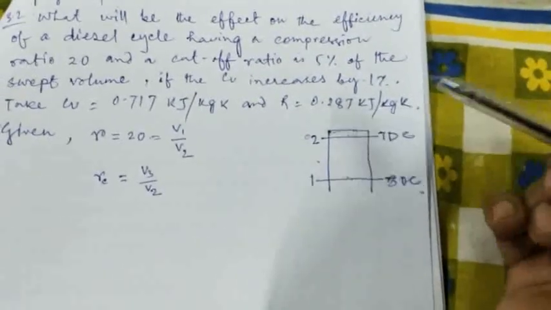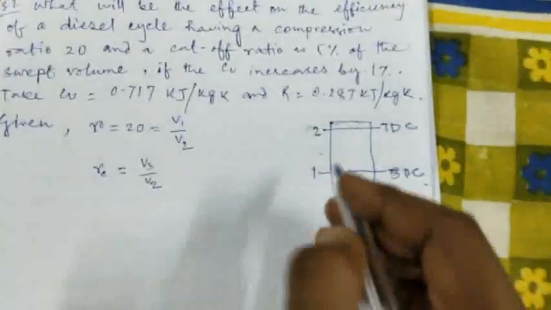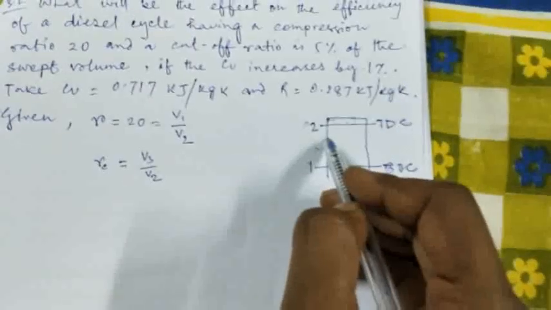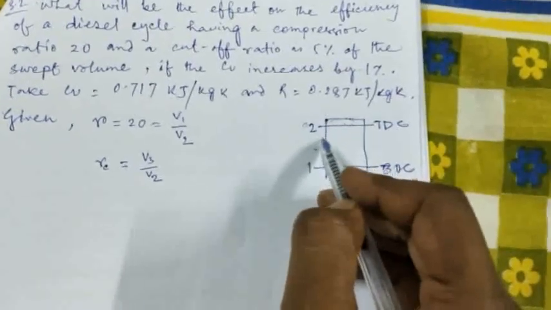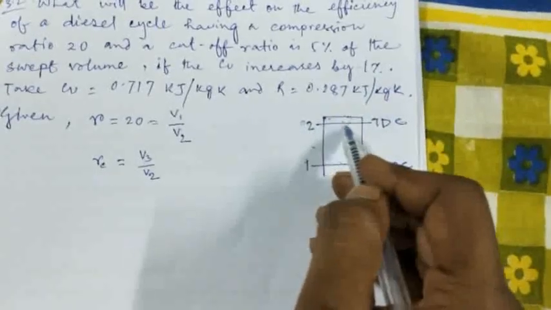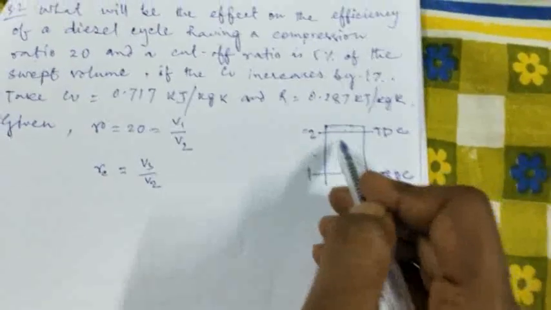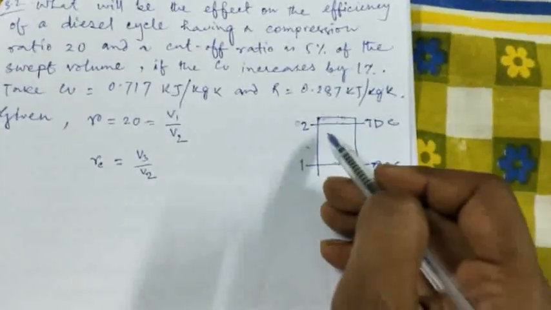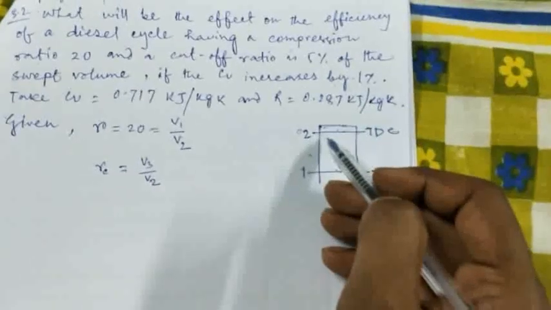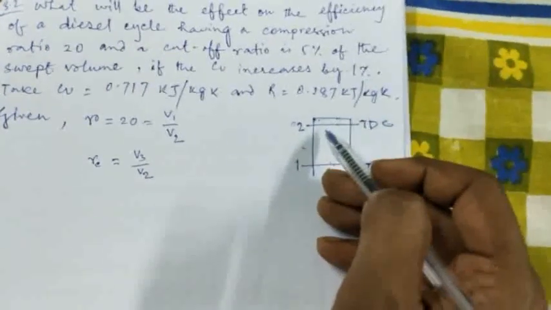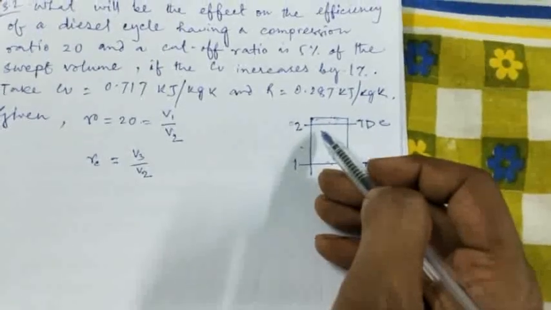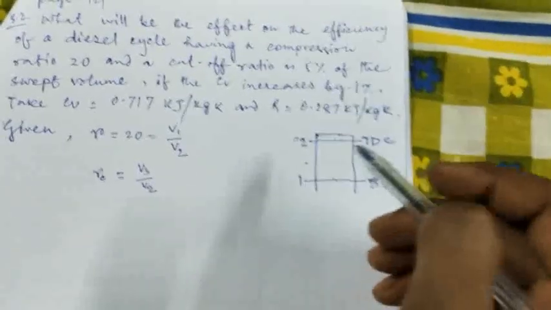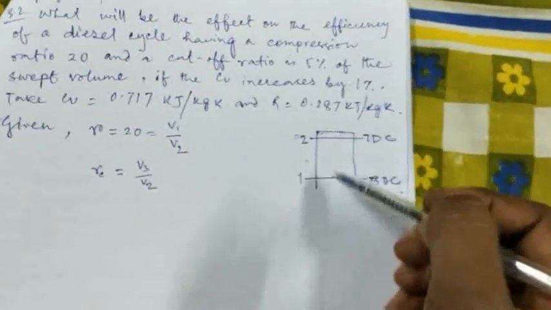rc is the cutoff ratio. What is the cutoff ratio? The cutoff ratio is the ratio of the volume when the fuel injection process stops to when the fuel injection process starts. Suppose after compression in a diesel engine we start the fuel injection. This injection process cannot occur instantaneously. It takes some time, which means it needs some degree of crank rotation, that means some movement of the piston.